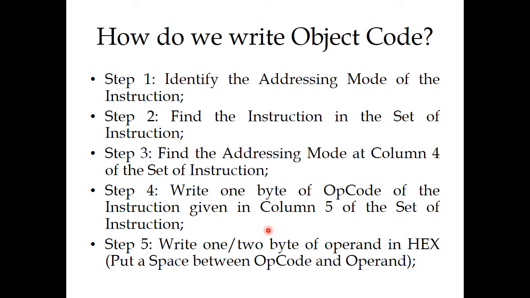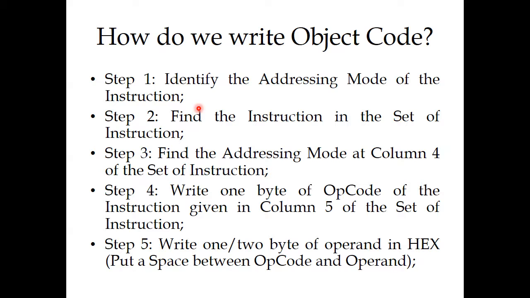Let me show you a couple of steps that we follow to write the object code, and then we'll show you some examples. Step 1, which is actually the last lecture: identify the addressing mode of the instruction. If you are given an instruction and asked to write the object code, the first step is to identify the addressing mode.